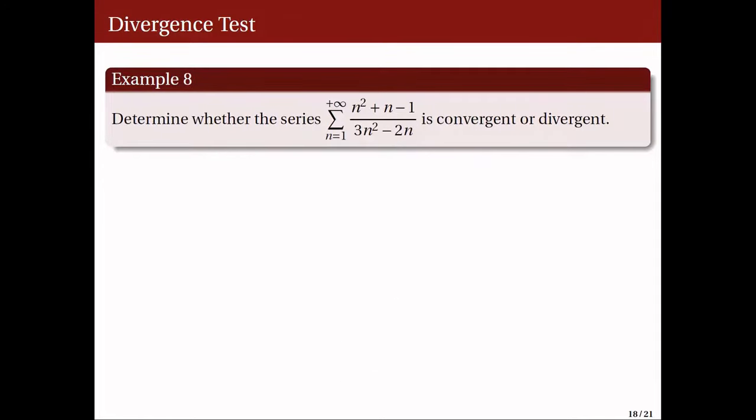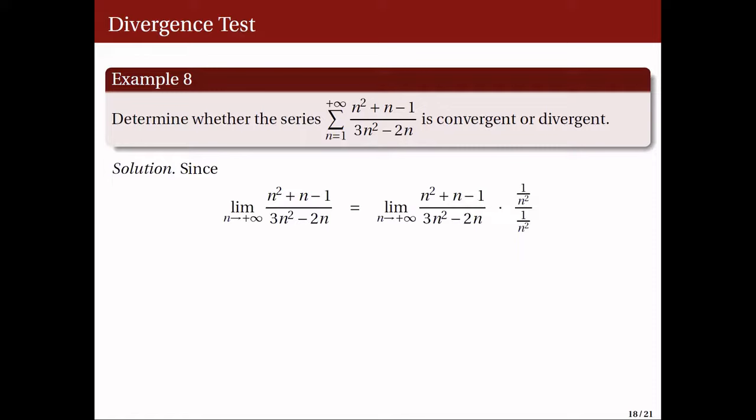In this example, let's determine whether the series summation of n squared plus n minus 1 over the quantity 3n squared minus 2n is convergent or divergent. In order to solve this problem, we will look at the limit of the terms of this series. In evaluating the limit, we can multiply both the numerator and denominator by the reciprocal of the largest power of n in the numerator and denominator of this fraction.